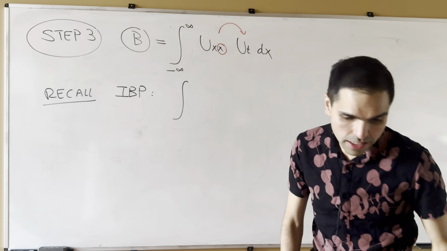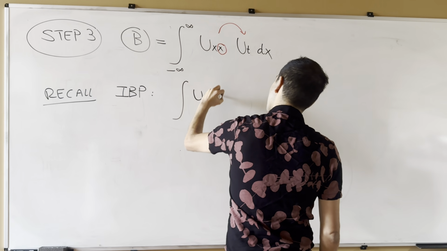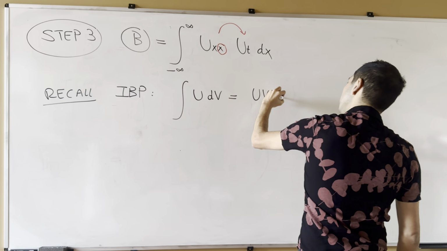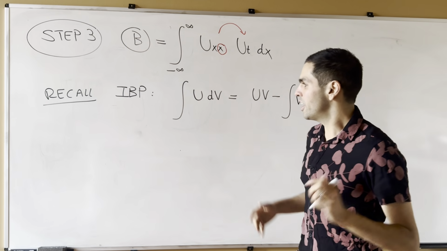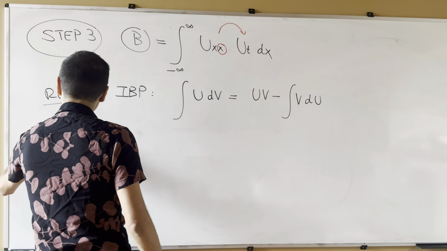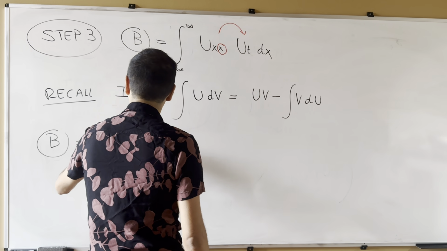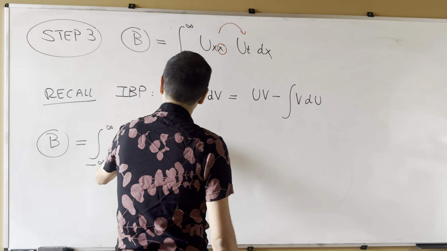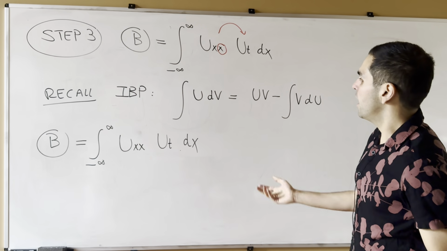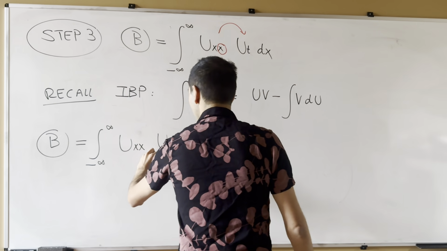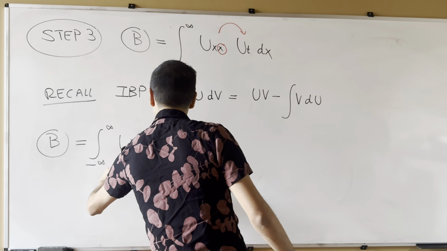It says that the integral of u dv is uv minus the integral of v du. Okay, so now what does B become? So B, remember, is the integral from minus infinity to infinity of uxx ut dx. Now, we can use this ut as our u and uxx as our dv.